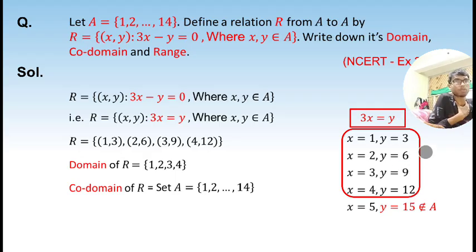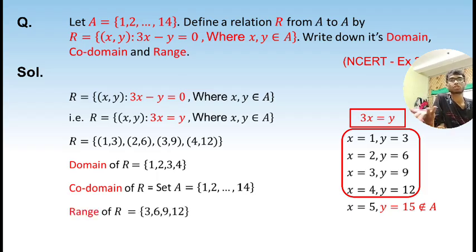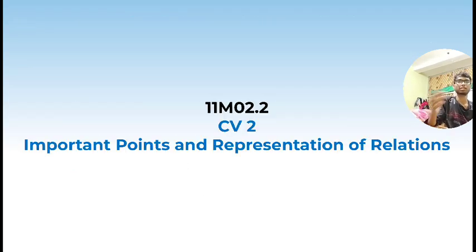So this would be the range, not all from 1 to 14. From 1 to 14, all of this will be the codomain. But whatever we got as output as a result will be the range. So the range is just the output of input: 3, 6, 9, 12.